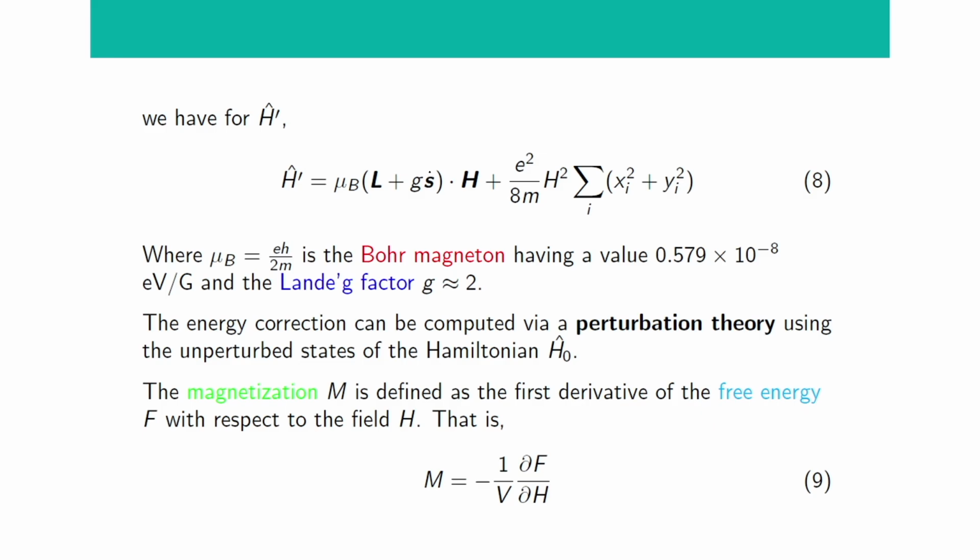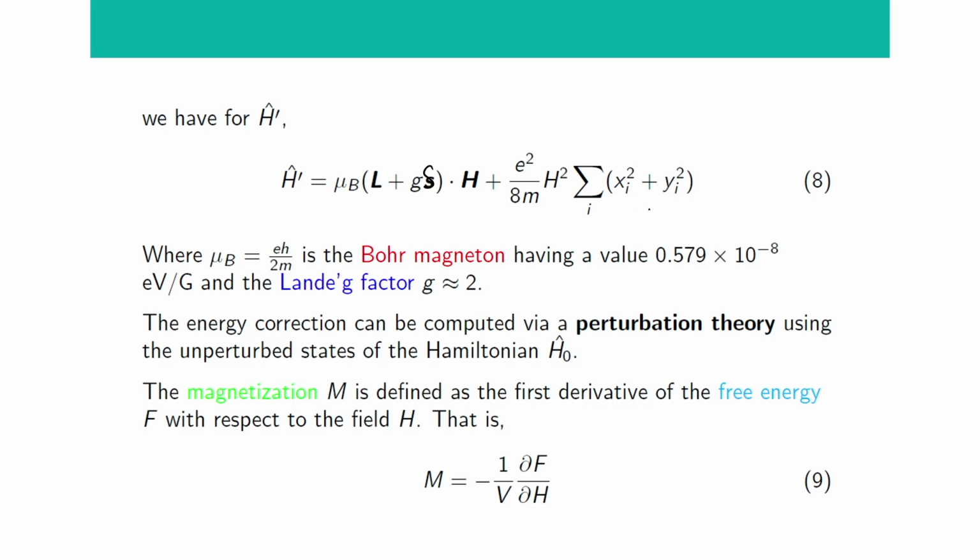You can write S, which is large, so that is the total spin, and the total orbital angular momentum, and then x_i square and y_i square are nothing but the coordinates of these individual atoms involved in the magnetism.